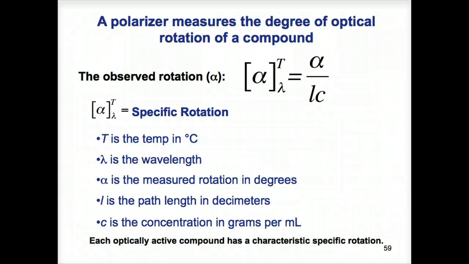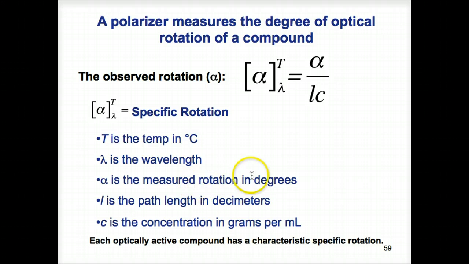A polarimeter measures the degree of optical rotation of a compound. And you can see here the equation for the observed rotation, alpha, and the components of this equation are spelled out here. Of course, this is known as specific rotation. T is the temperature in degrees Celsius. Lambda is the wavelength.